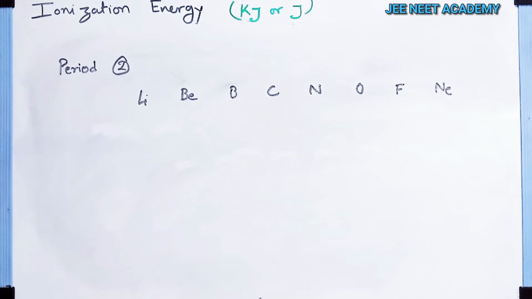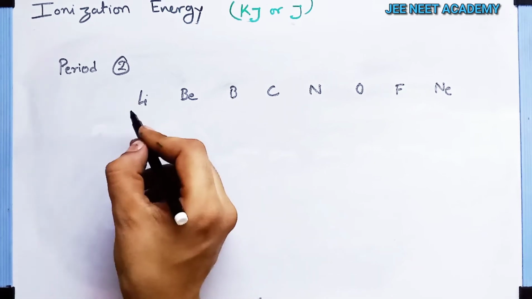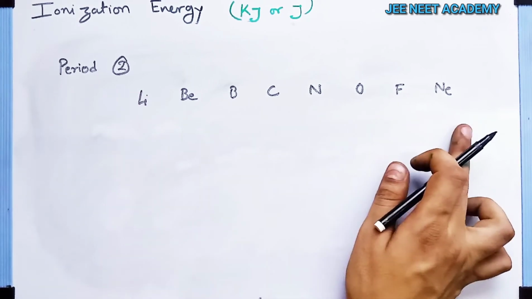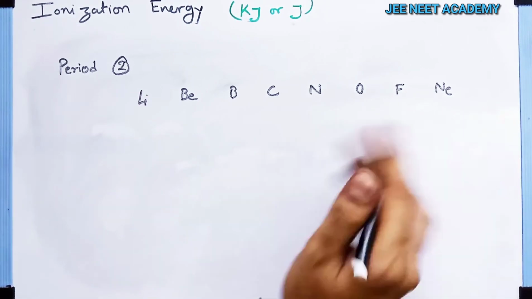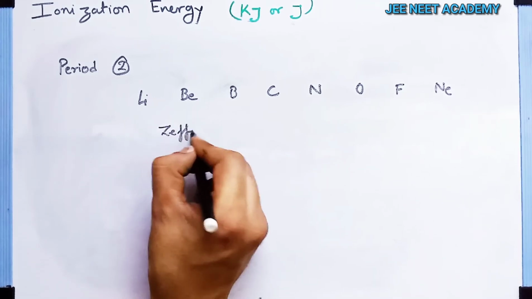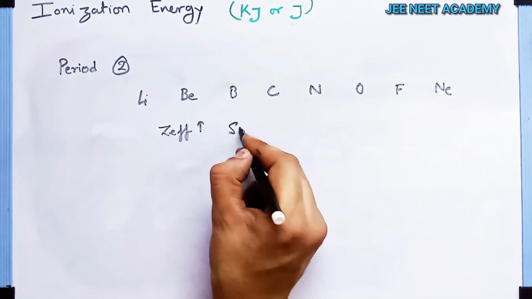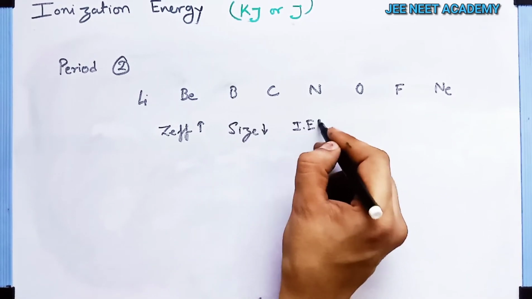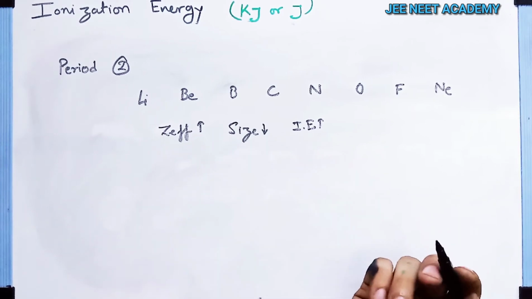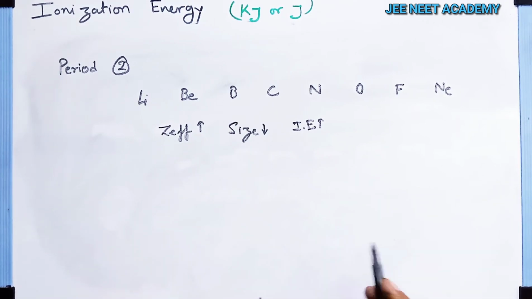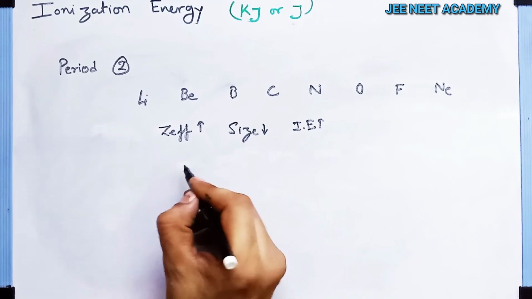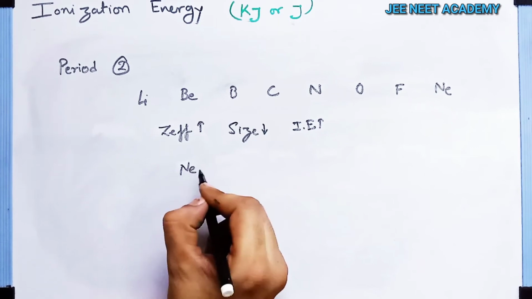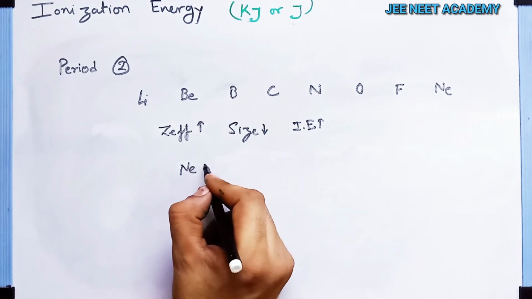Then half filled, nitrogen, and we know that from left to right, Z effective is increasing, size is decreasing, so ionization energy will increase. Now here neon is fully filled also, and it's the rightmost atom. So neon will have the highest ionization energy.